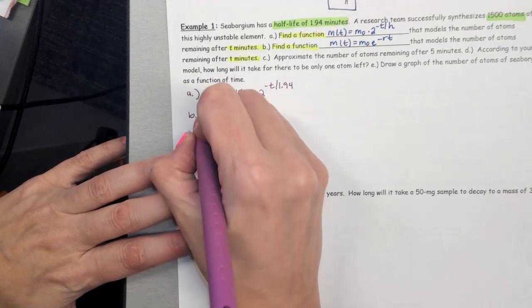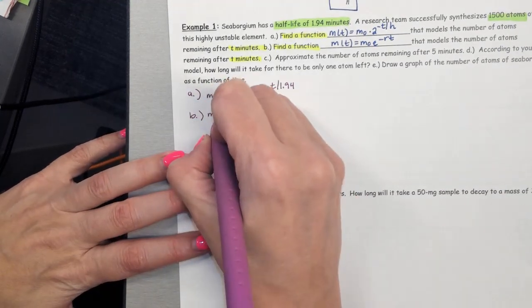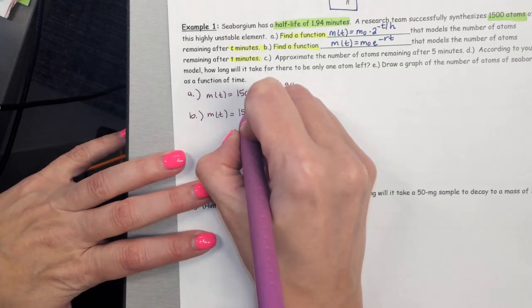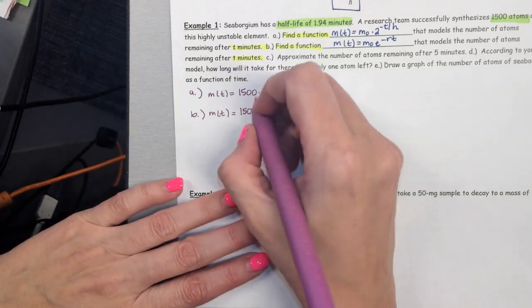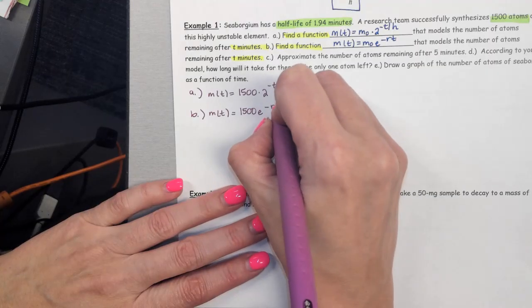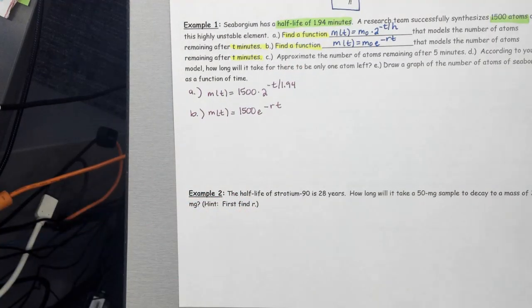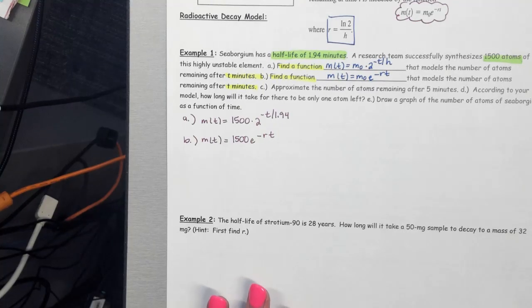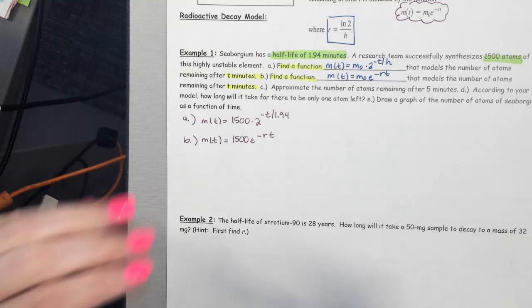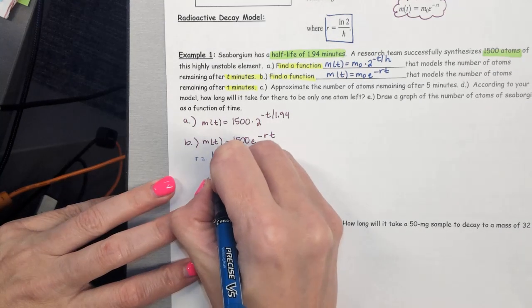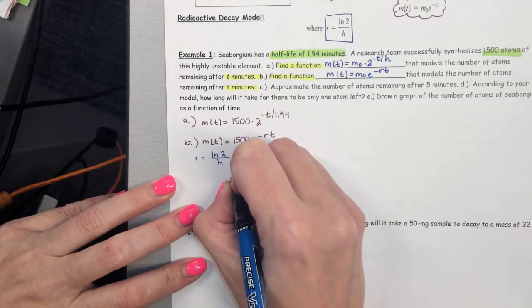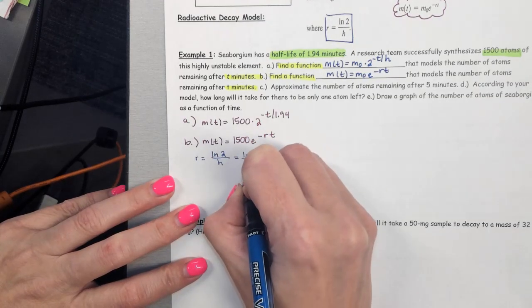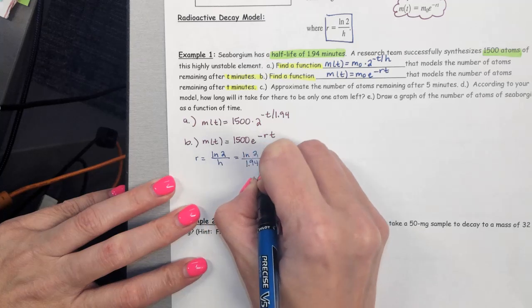And then when you go to part B, you have the M of T equals 1,500 e to the negative RT. So you are going to have to find R using your equation right here, the natural log of 2 divided by H. So we are going to do R equals the natural log of 2 by H. So the natural log of 2 divided by 1.94.